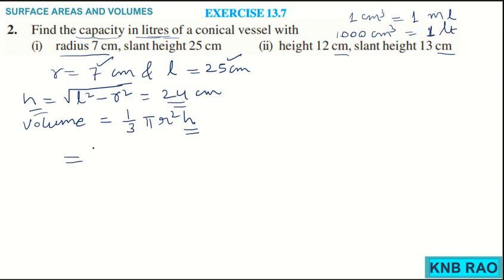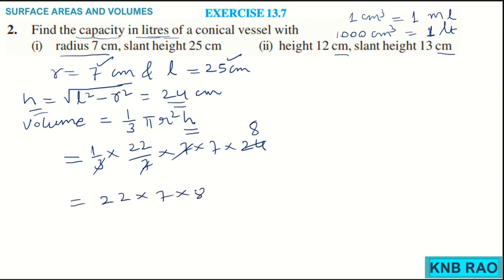Now, I will find the volume of this conical vessel using the formula 1/3 pi, 22 by 7, r is 7, into 7 into h, which I found as 24. By substituting them, the 7s get cancelled, 3 and 24 get cancelled. Here the product of 22, 7 and 8 will be the volume.